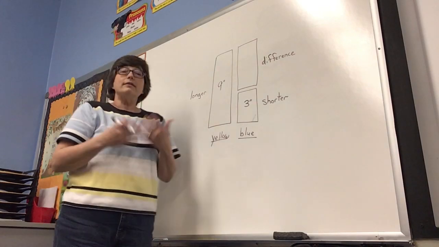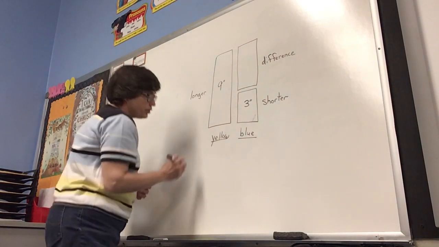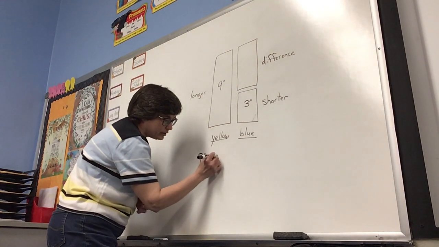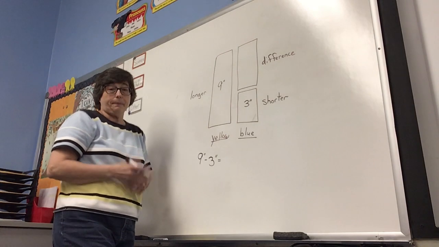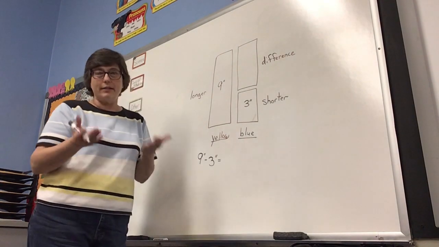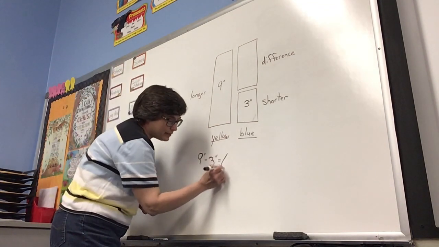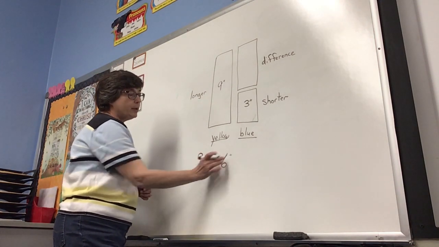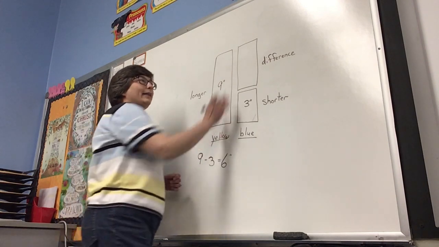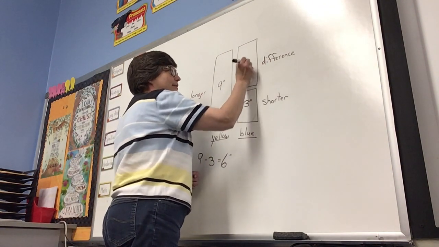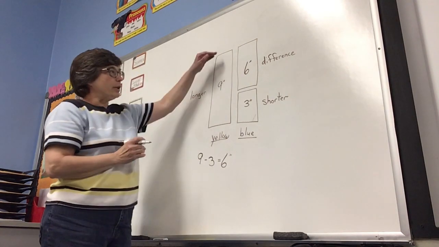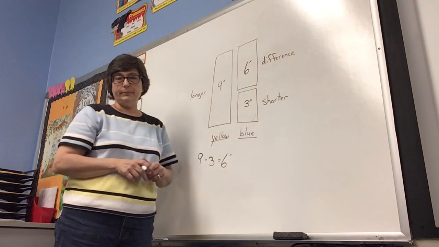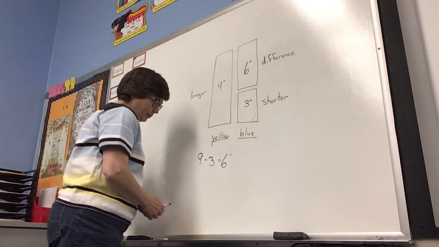And so we would write a subtraction problem, okay? So we would say 9 inches minus 3 inches equals, well, that's easy. We know 9 subtract 3 equals 6. And then inches, okay? So if you don't label here, that's okay, but be sure you do over here. And then so our difference is 6 inches. The yellow strip is 6 inches longer than the blue strip. All right, let's do another problem.